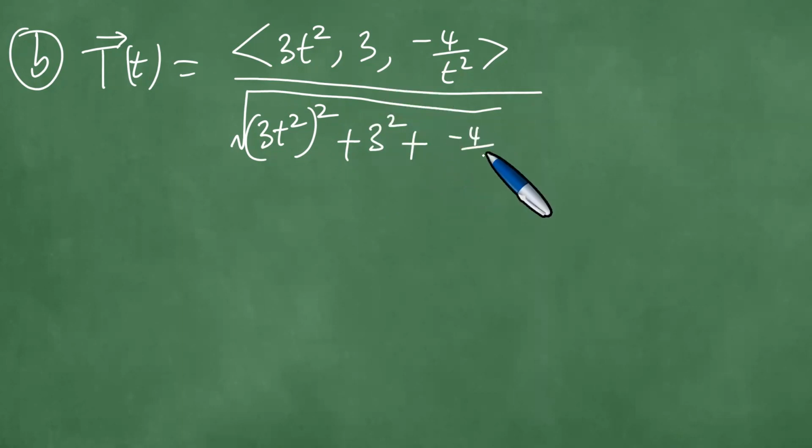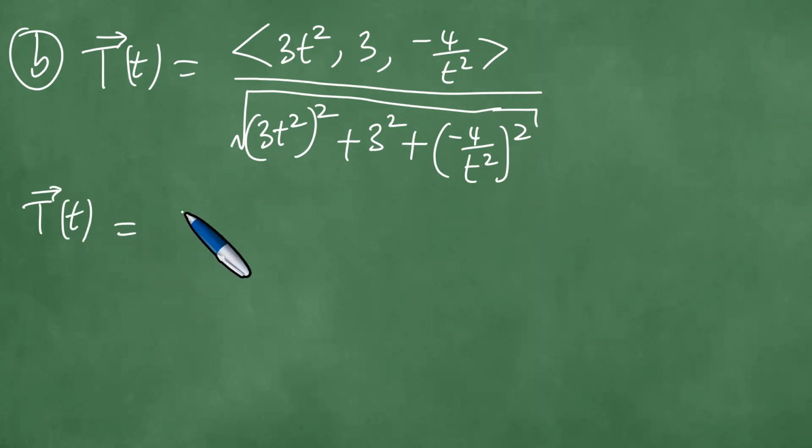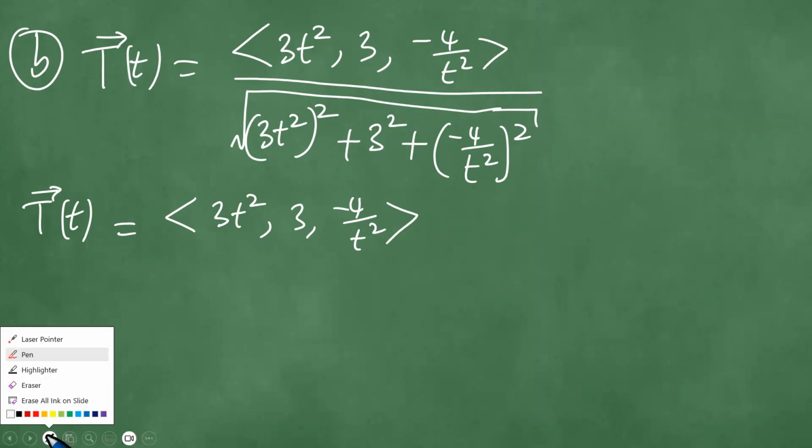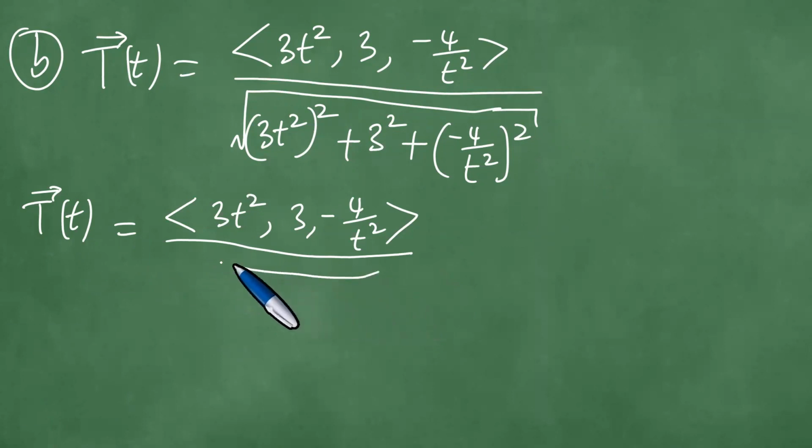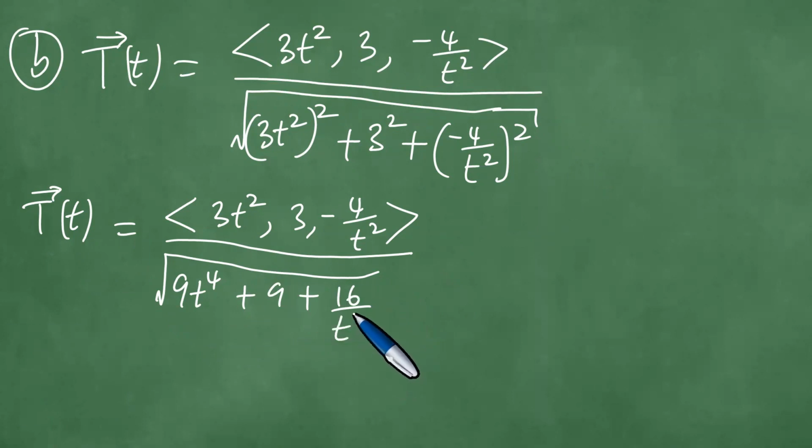Okay, and then you have minus 4 over t squared, and you square this, which means the unit tangent vector as a function of t can be seen as 3t squared, 3, minus 4 over t squared, divided by the square root of 9t to the 4th power plus 9 plus 16 over t to the 4th power.